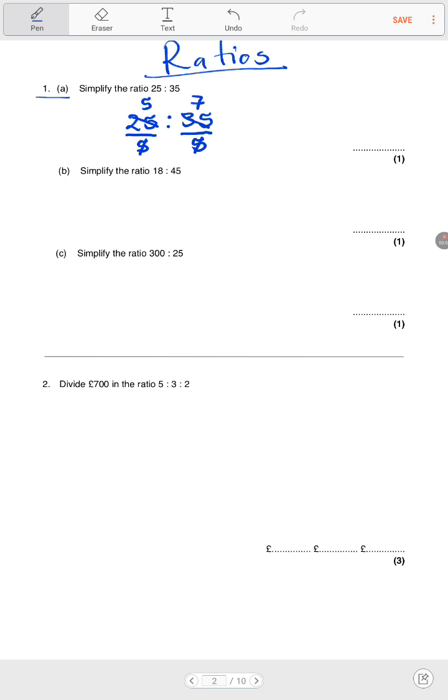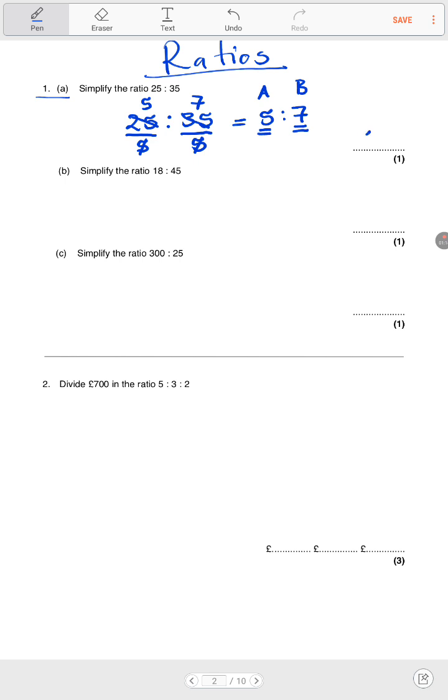Which means your answer in its simplest form is going to be 5 is to 7. Whenever we give A 5 things, we have to give B 7 things.